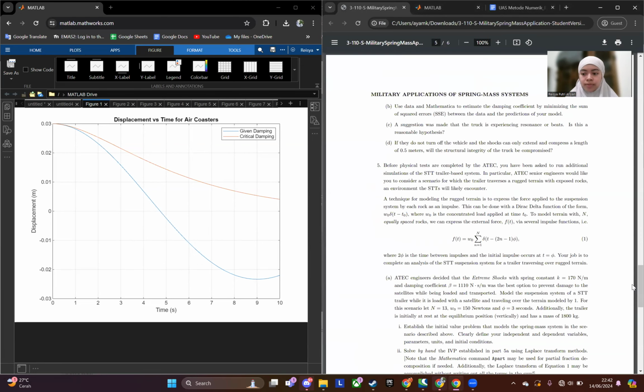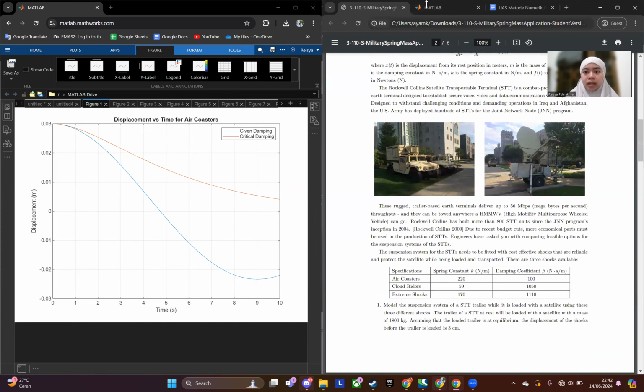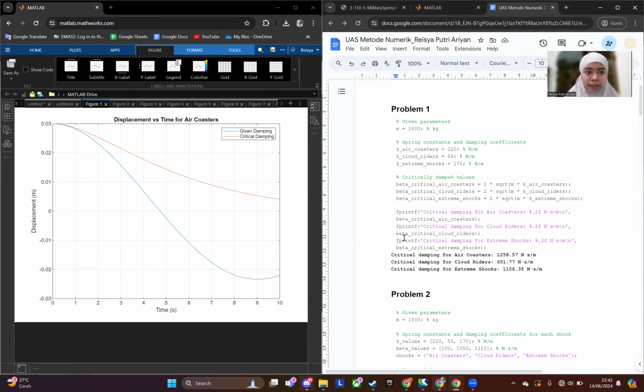This is our case study, and this is the solution with the numerical method. The first problem is to search for the best shock with different spring and damping coefficients. We have Air Coaster, Cloud Riders, and Extreme Shock.